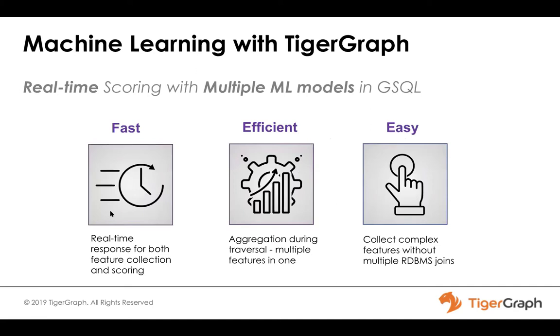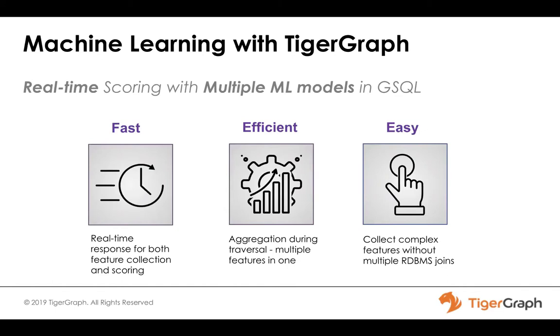At a high level, what are the benefits of doing machine learning with TigerGraph? First of all, we can really do real-time scoring with multiple machine learning models with GSQL. GSQL is very expressive and very fast, and we can provide a real-time response for both the feature collection and also the feature scoring.